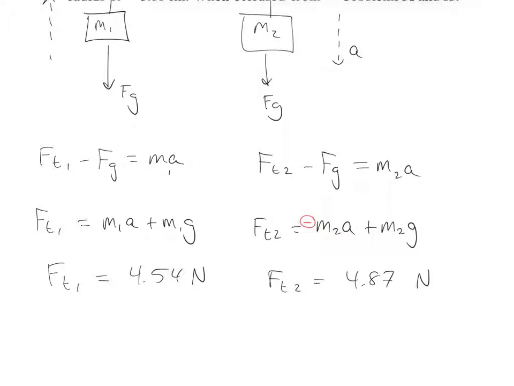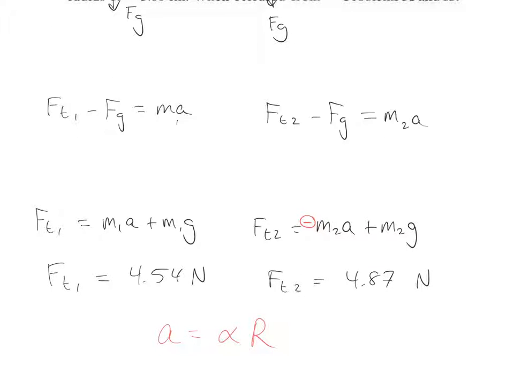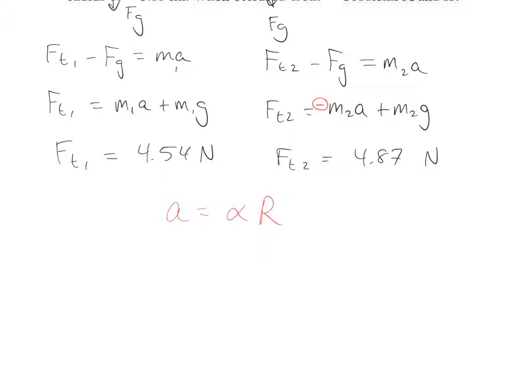I mentioned it at the very end of class yesterday. a equals alpha R. R is given in this case as 5 centimeters, so 5 times 10 to the negative 2. a, we determined, 6 times 10 to the negative 2. So if we want to find out what alpha is by itself, we simply divide both sides by R. Alpha equals a over R.